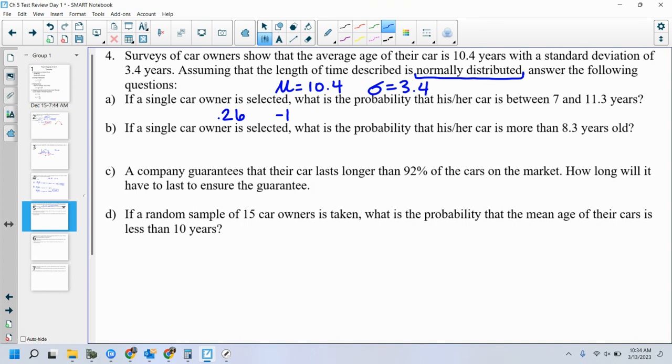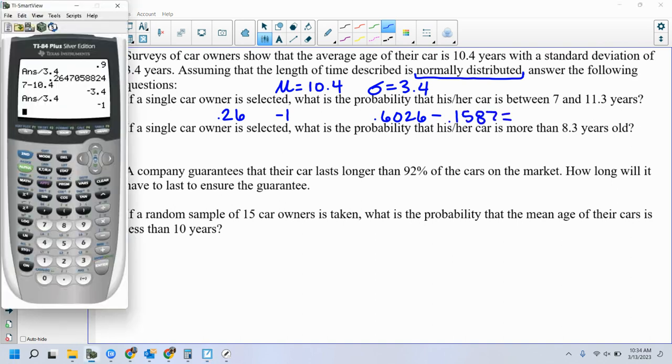So let's find those two percentages. For 0.26, I get 0.6026. And for negative 1, I get 0.1587.